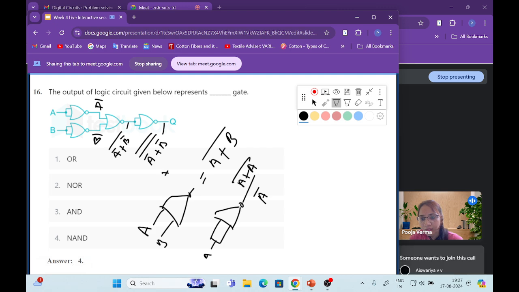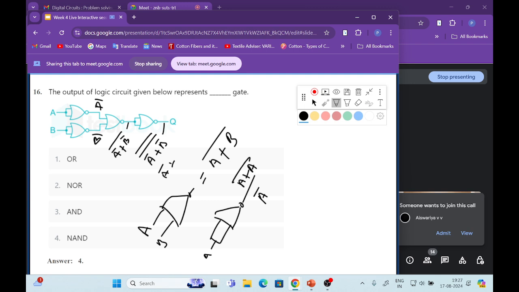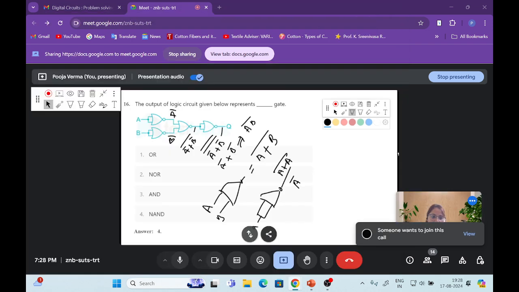So we will get A bar plus B bar, and it can also be represented by A into B bar, right?